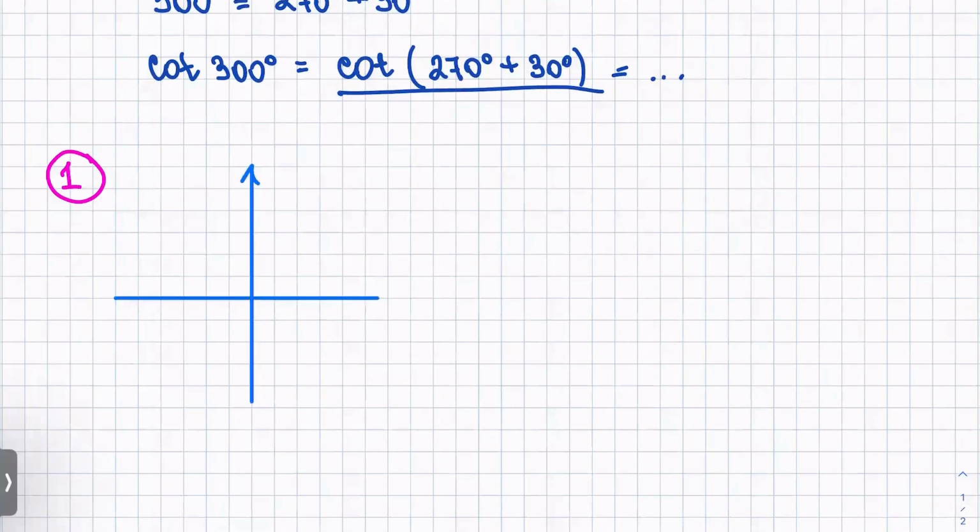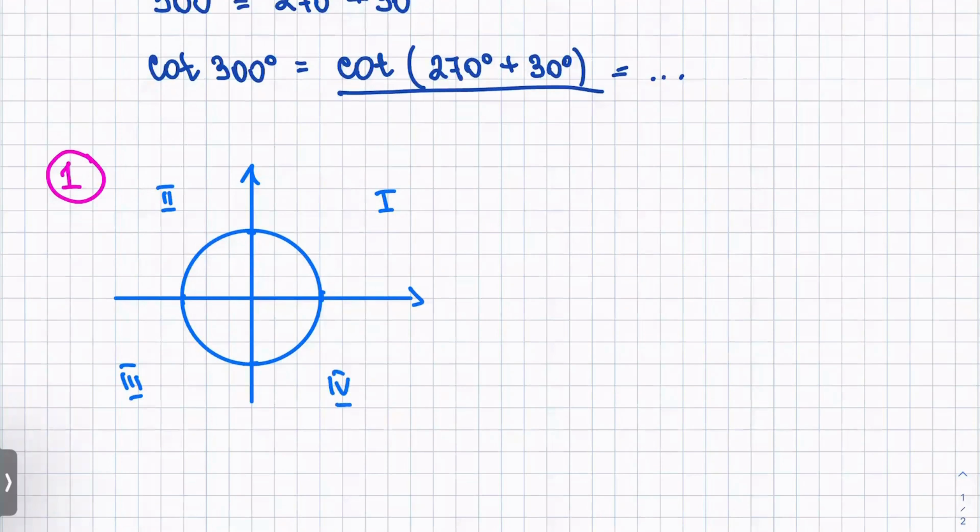It's the circle with radius 1. And we will remind ourselves of the signs of all trigonometric functions with respect to each quadrant. Quadrant 1, quadrant 2, quadrant 3, and quadrant 4.